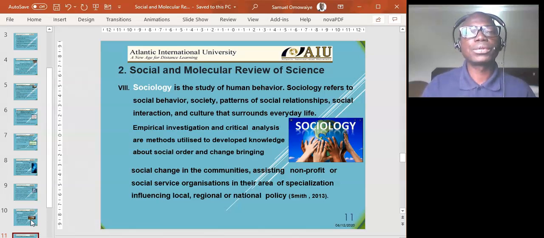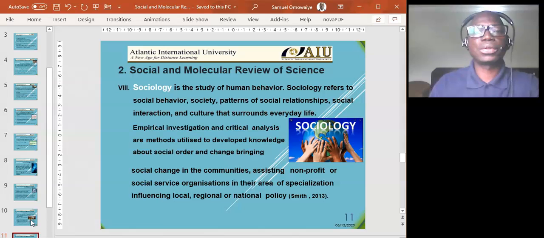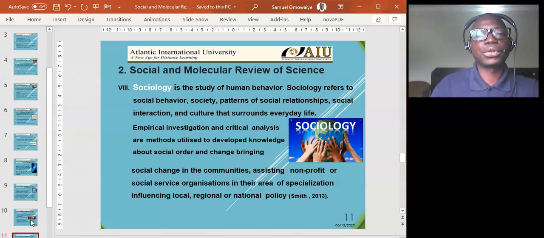Empirical investigations and critical analysis are methods utilized to develop knowledge about social order and bring about social change in communities, assisting non-profits or social service organizations in their areas of specialization, and influencing local, regional, or national policies.